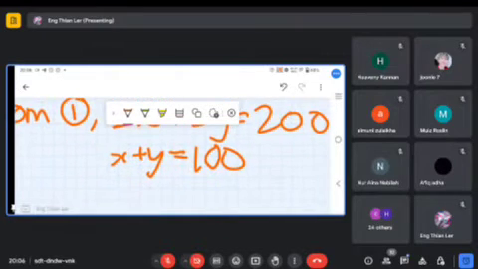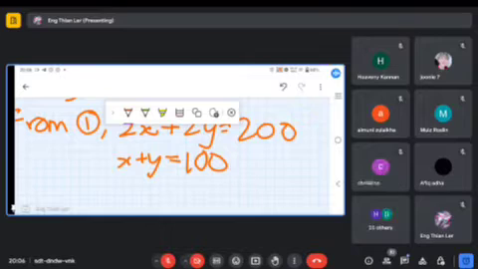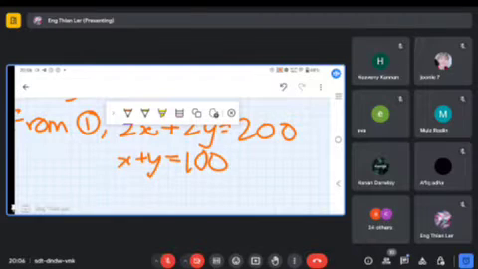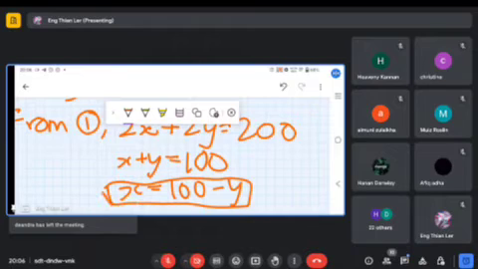Now, to use the substitution method, we must express one variable in terms of the other. This means either x or y must be expressed in terms of the other. In this case, I will use x. So x equals 100 minus y. This will be important later.